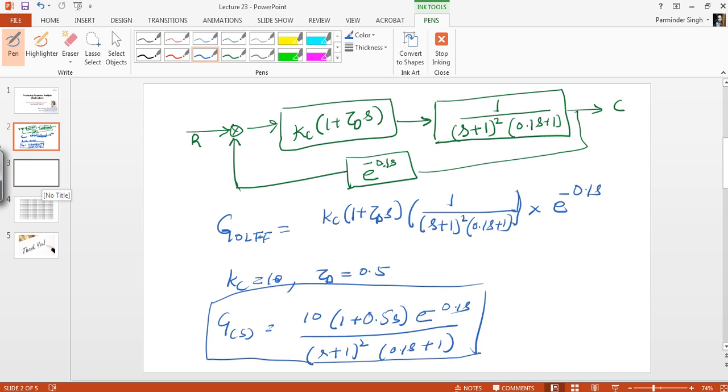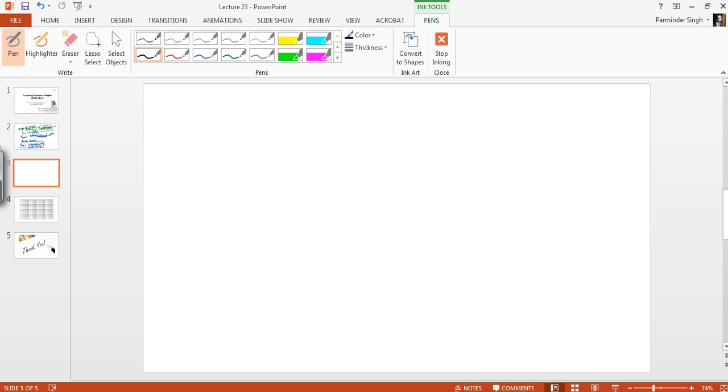Now let me write down the transfer function again over here, that is 10 into (1 + 0.5s) into e^(-0.1s) upon (s + 1) whole square into (0.1 s + 1). Clear?